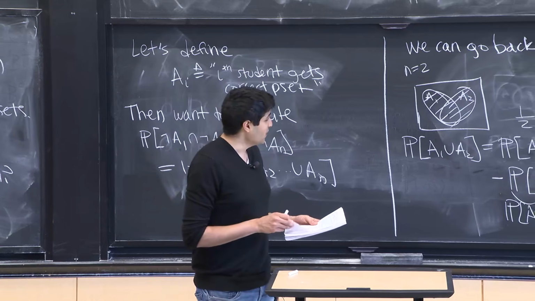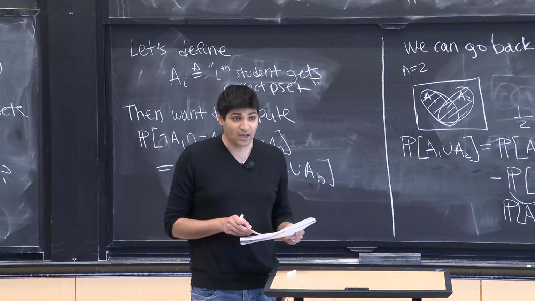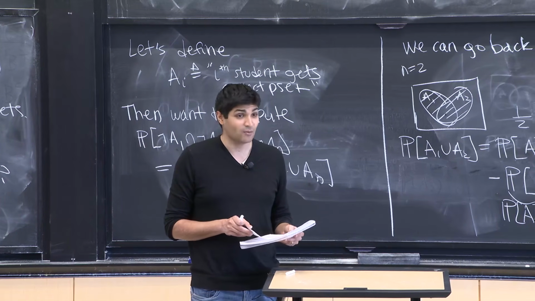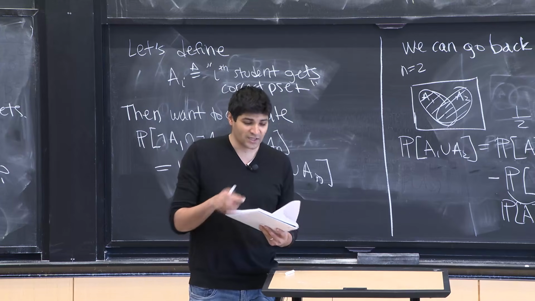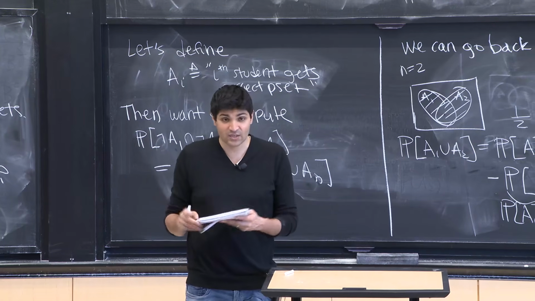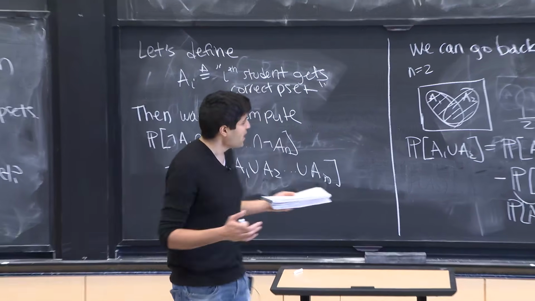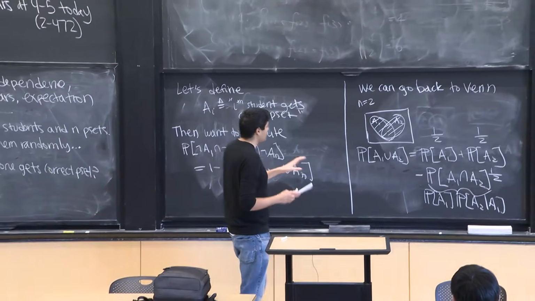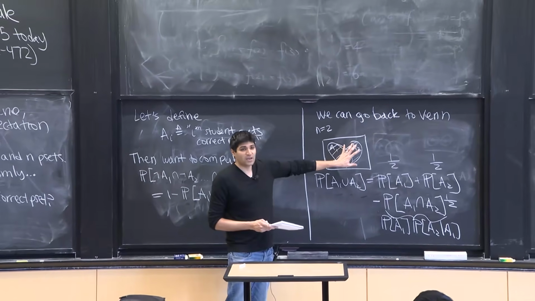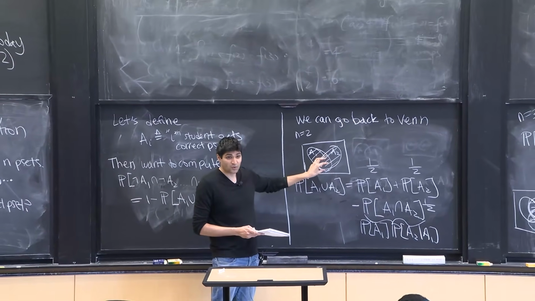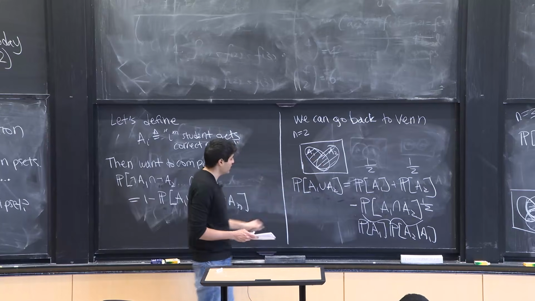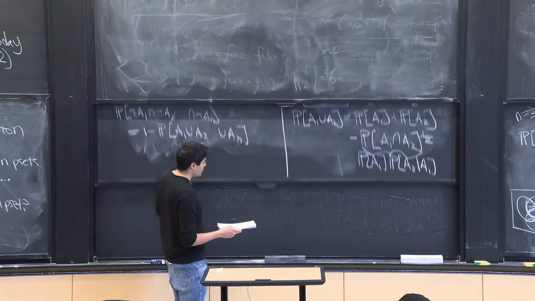So I think you'll agree that we probably should stop at n equals 3 in terms of writing down one expression and reasoning about the Venn diagram. These things just get bigger and more complicated. But it turns out that there's a closed form expression, without looking at the Venn diagram and reasoning about the individual slices and pieces of area, that's going to give us the right answer in general.